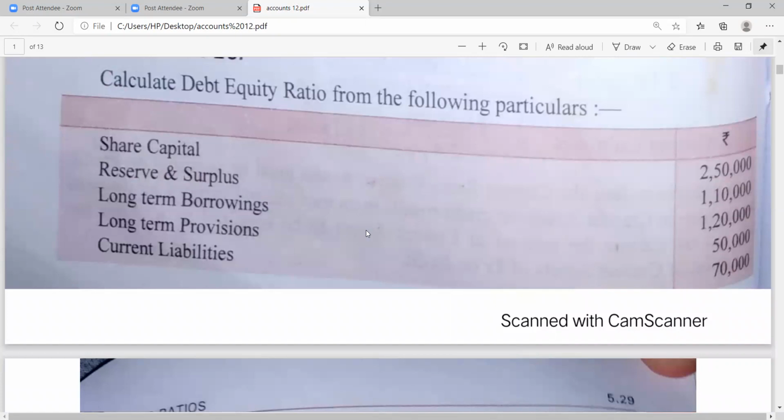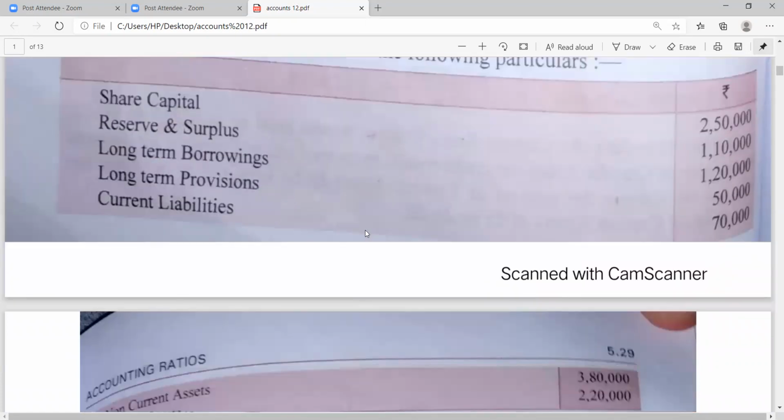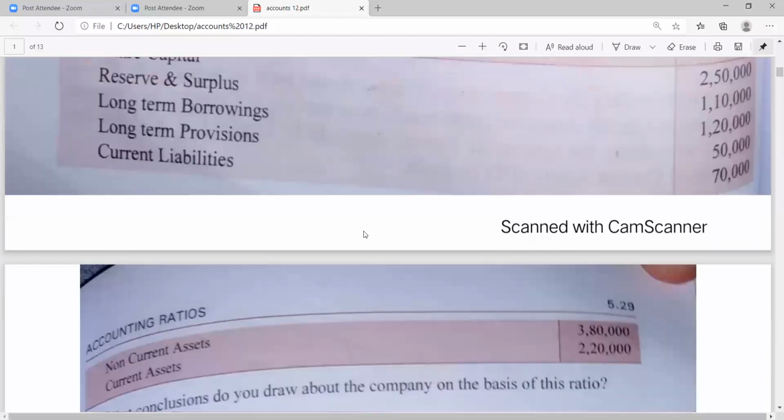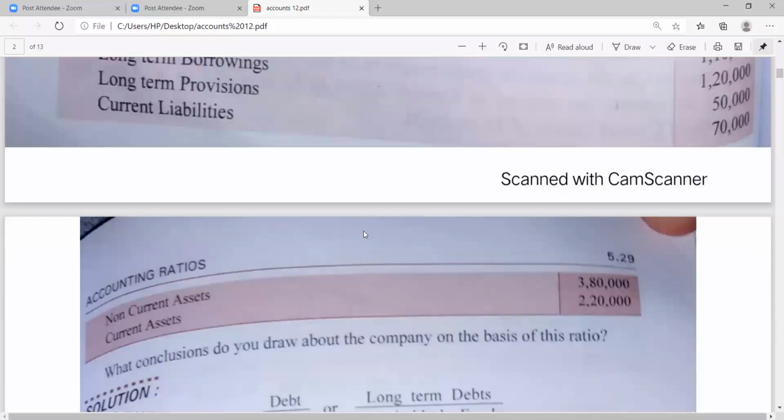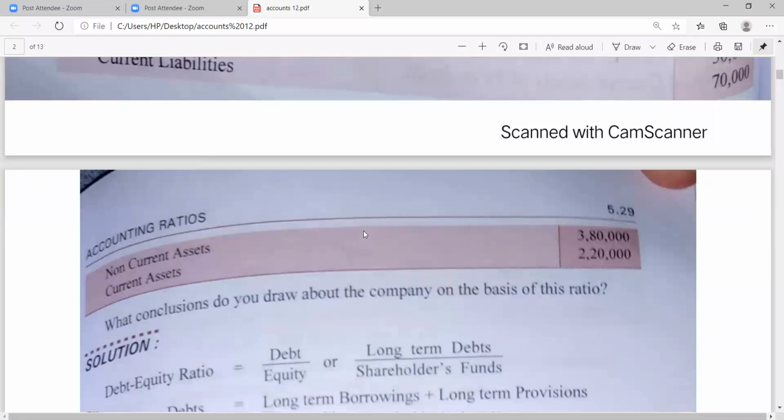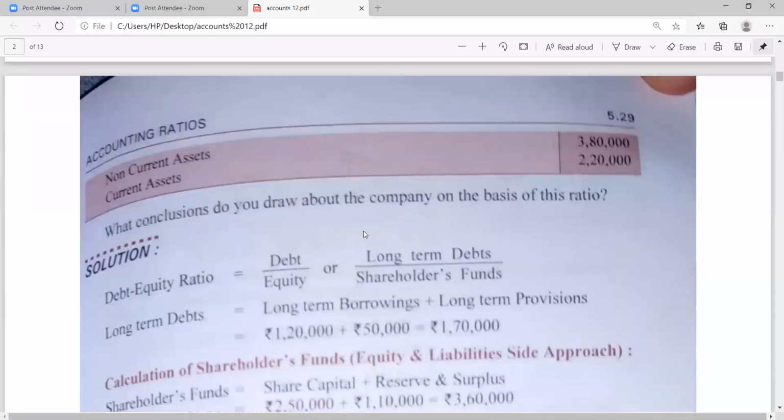Here capital is given to us, reserve and surplus, long-term borrowing, provisions, current liabilities, non-current assets and current assets. What conclusion do you draw about the company on the basis of this ratio? Here the debt is to be calculated. Debt means the long-term debt.